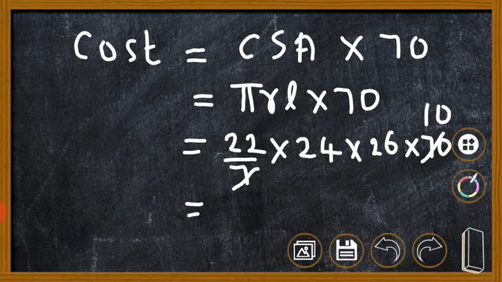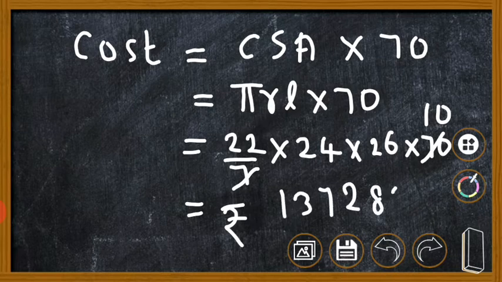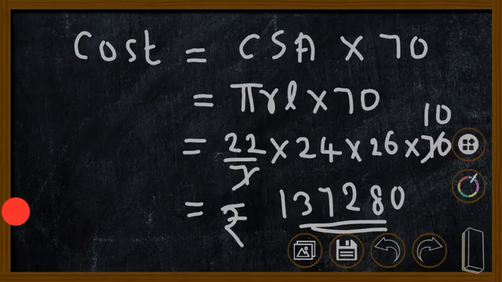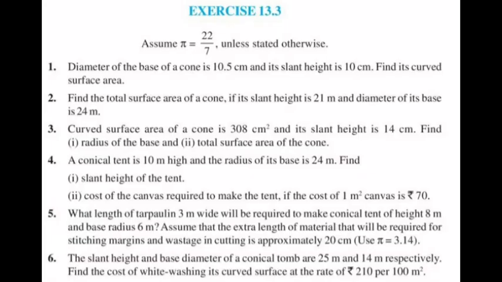So if you multiply the remaining numbers, you will get rupees 22 into 24 into 26 into 10. You will get this much amount. 1,37,280.